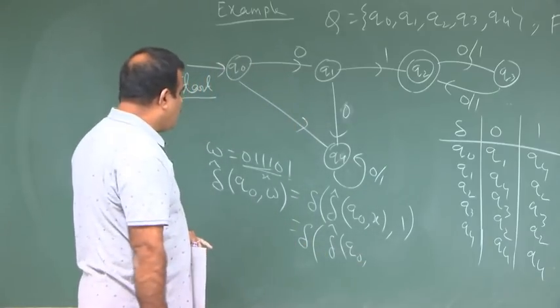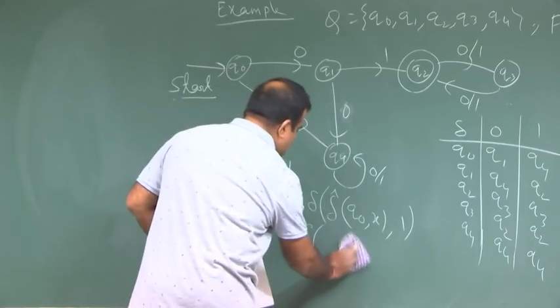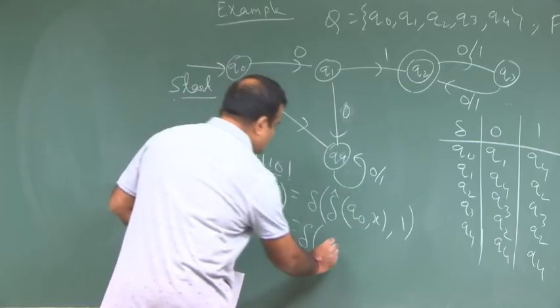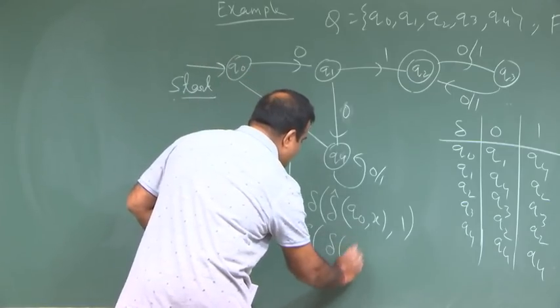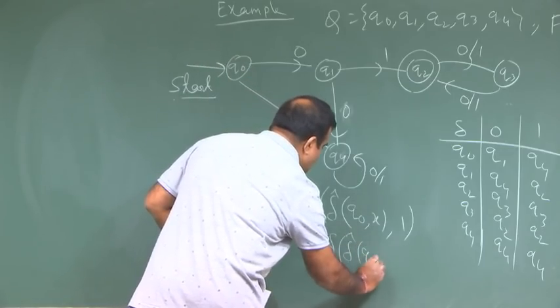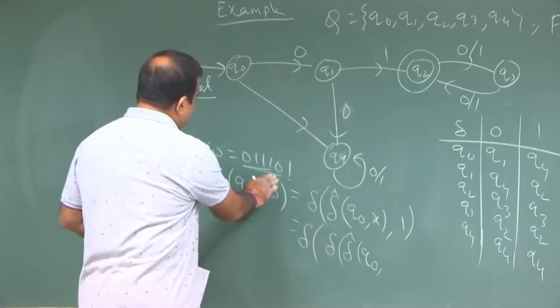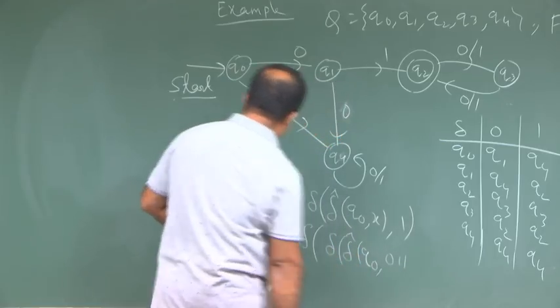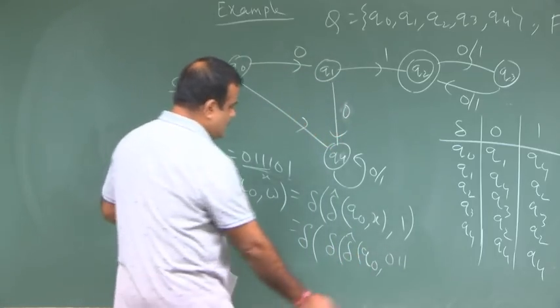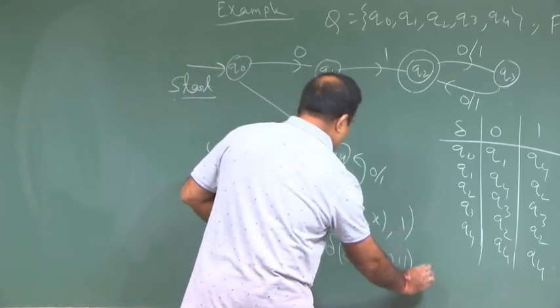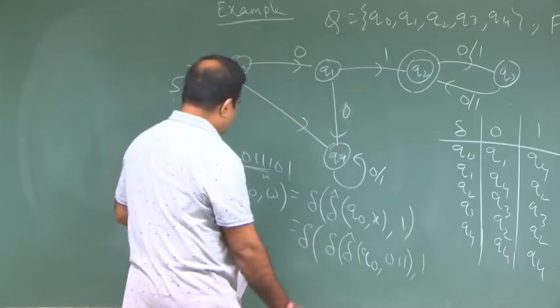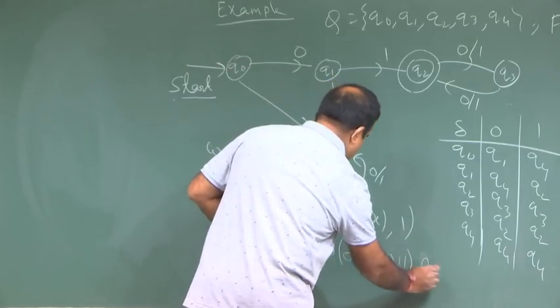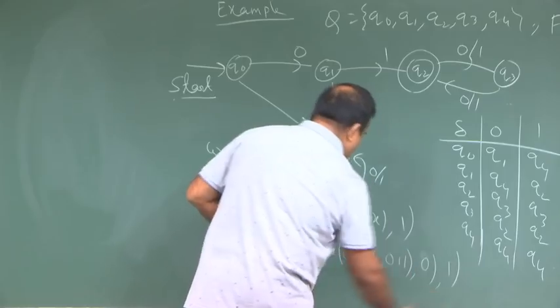So this is delta of delta hat of q0 comma, and now this is our x, so 0 1 1, sorry, this one is 0, and then we have 1.